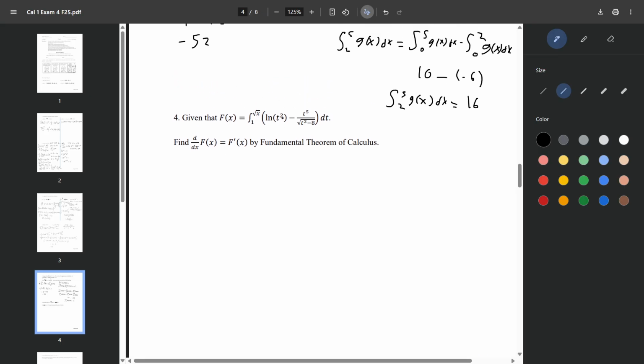So this equation might seem daunting because we have quite a complicated equation and our integral has a variable in it.